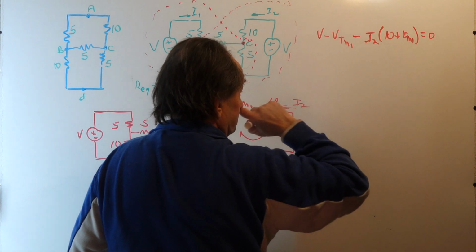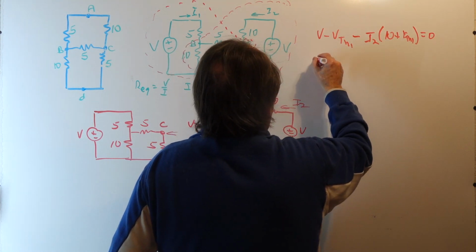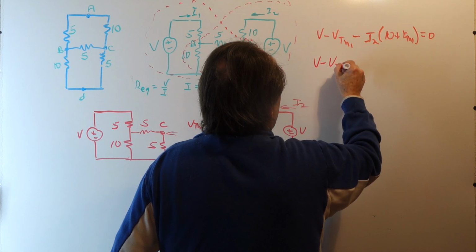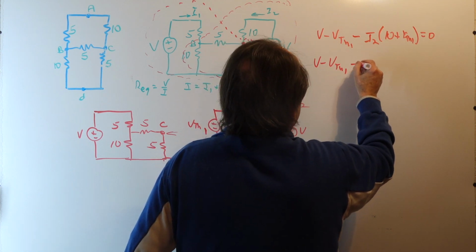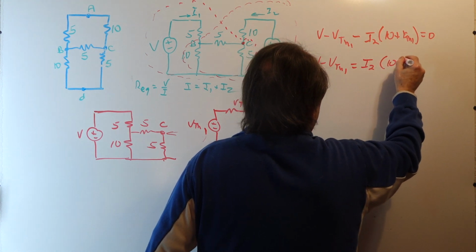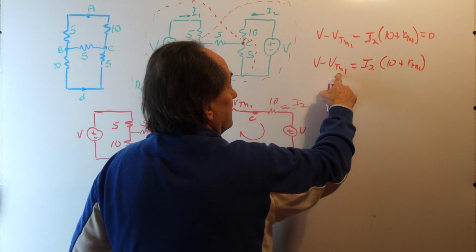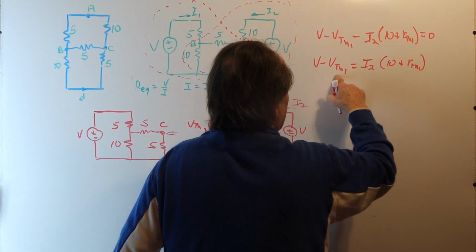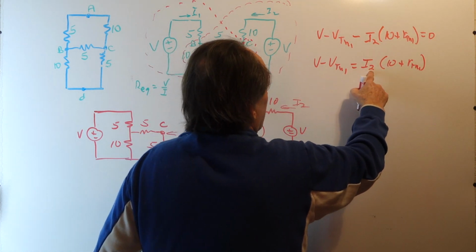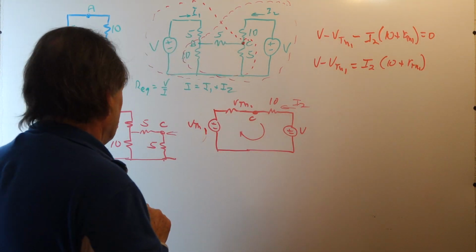So solving for I2, we will have V minus VTH1 is equal to I2 times 10 plus RTH1. So once we determine RTH1 and VTH1, we can solve for I2 because we know V. So that's what we're going to do here now.